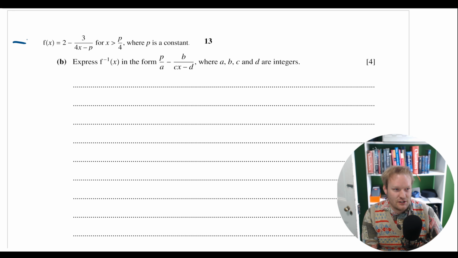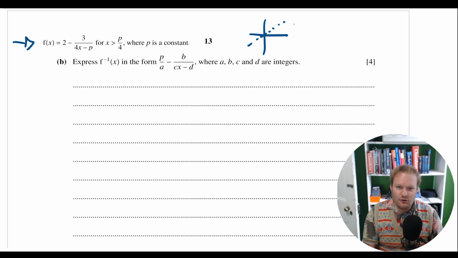Now, the function I've put here for reference because it's in part A. And maybe just one other thing is, of course, with the inverse, we've got some concepts embedded there, the x is y, y is x type idea. We might think of it also as a reflection about the line y equals x. So if you knew the function looked like this, then the inverse looks like that.